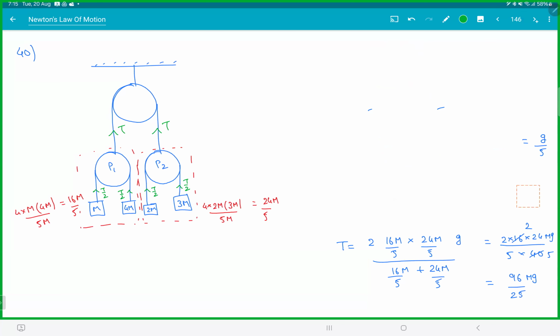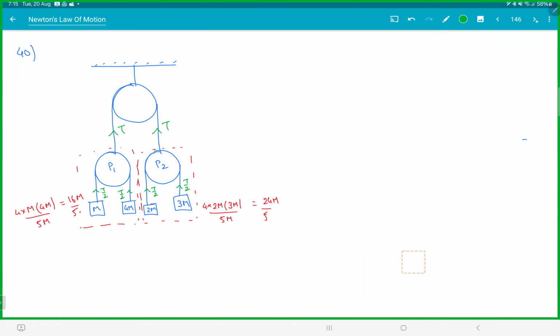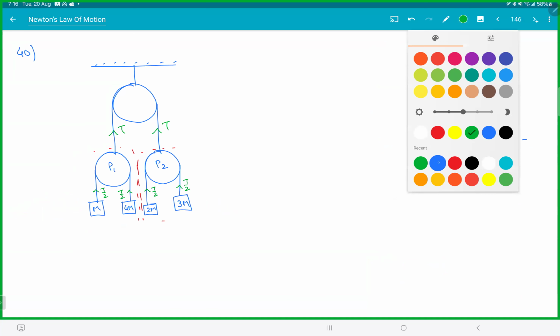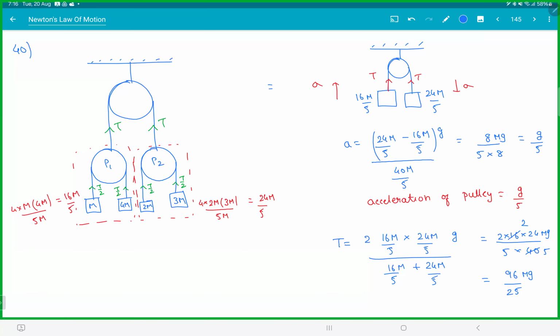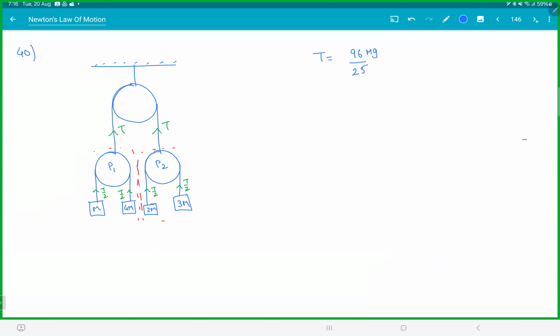So once I got the tension here, that will become T by 2, T by 2. Numbers are bad. Okay, then you're done actually.